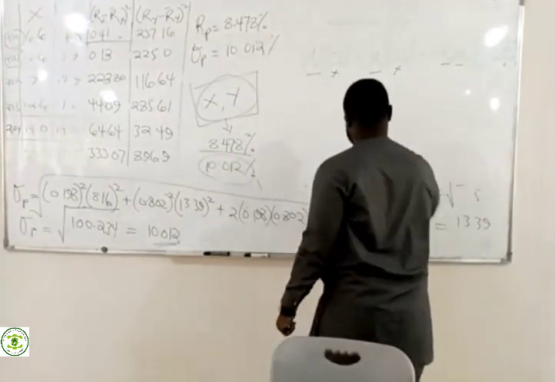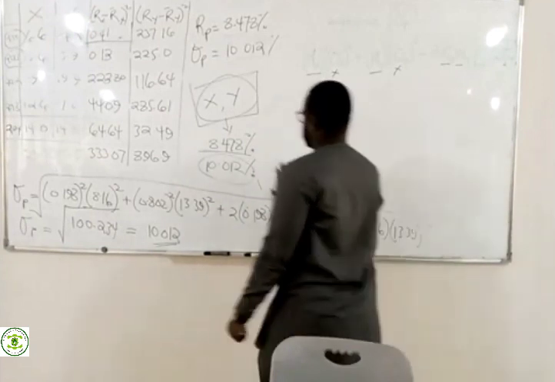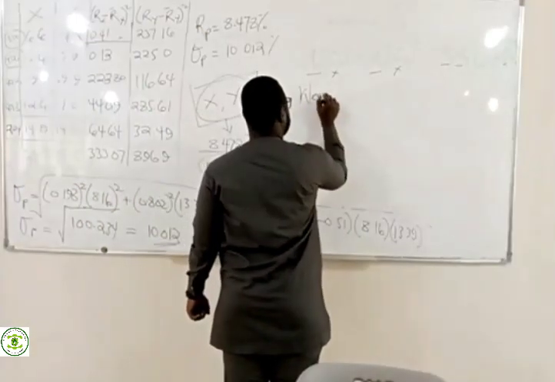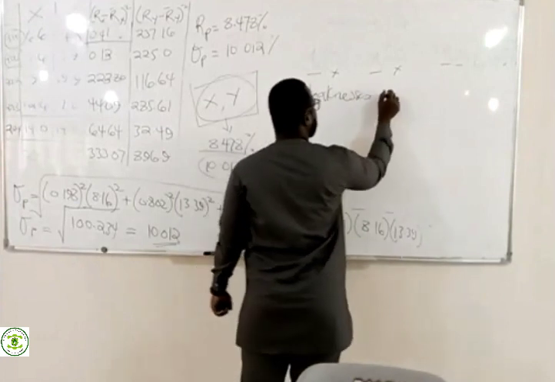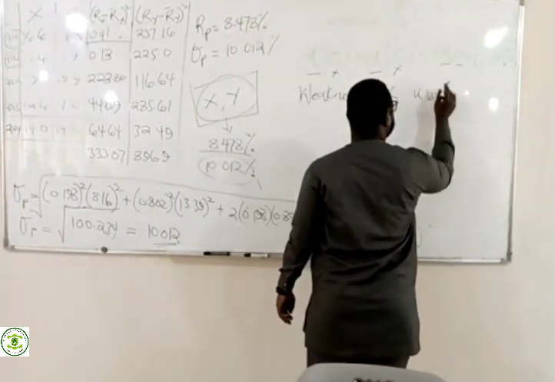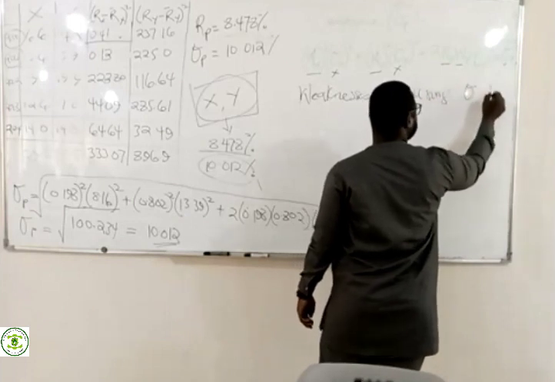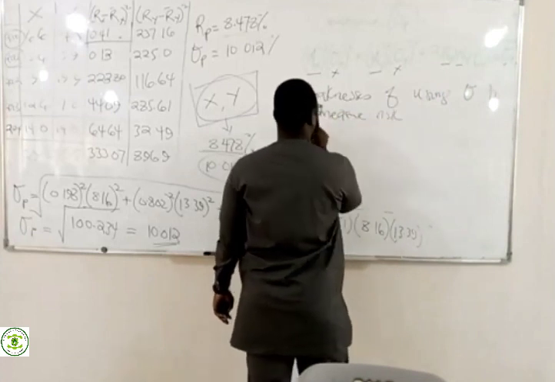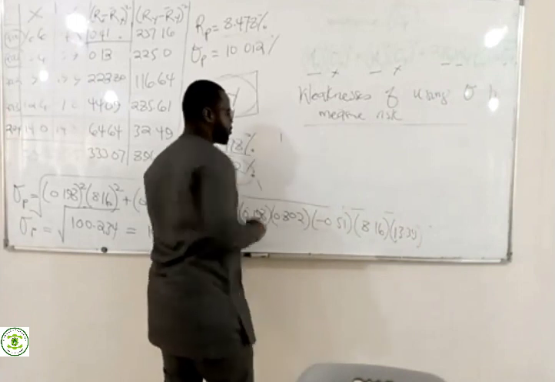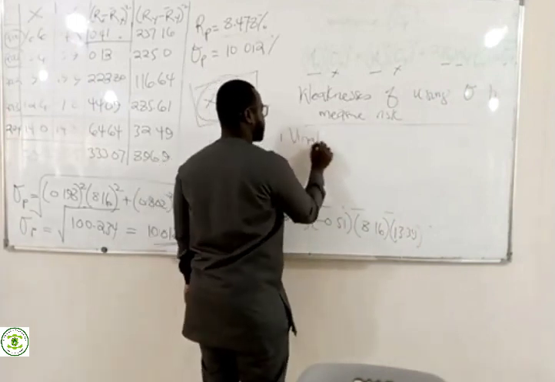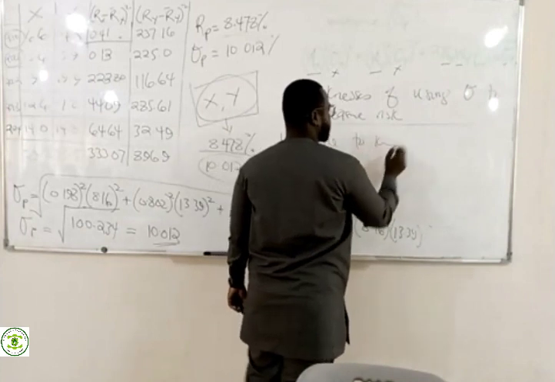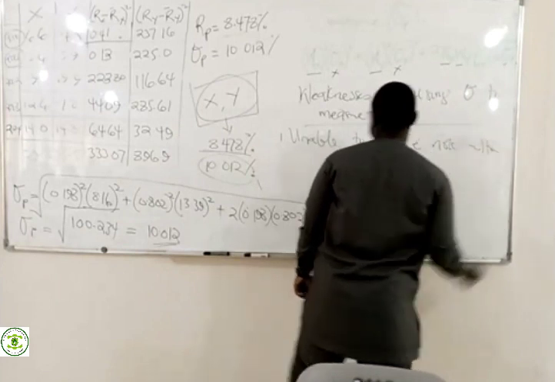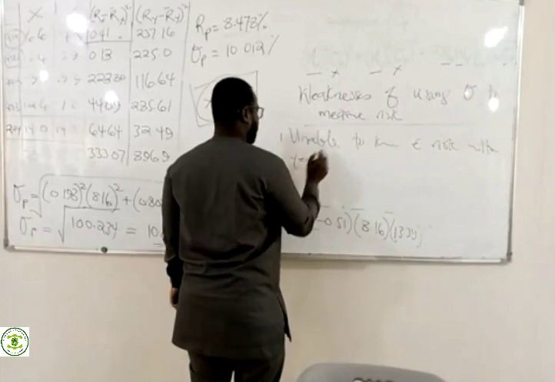So, weaknesses of using standard deviation to measure risk. One, with this one, we are unable to know the risk within years.